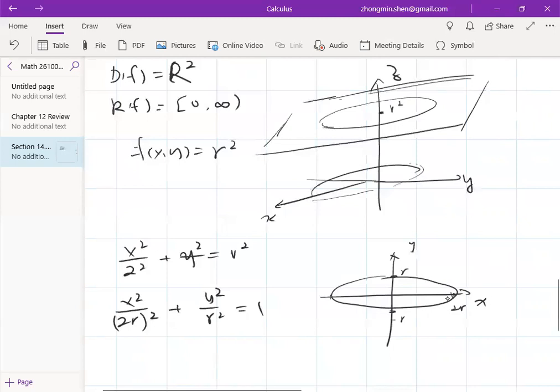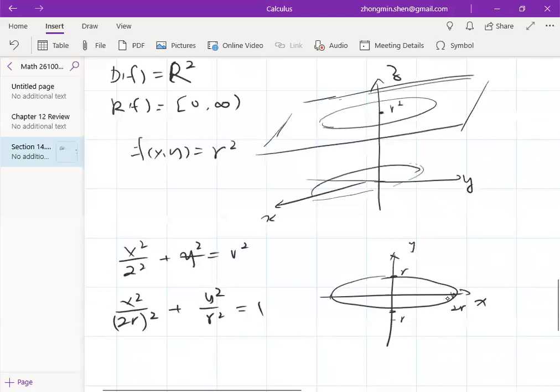Above that ellipse in the xy plane, the z value is always equal to r squared, so you get a curve in this plane, which is parallel to the xy plane.